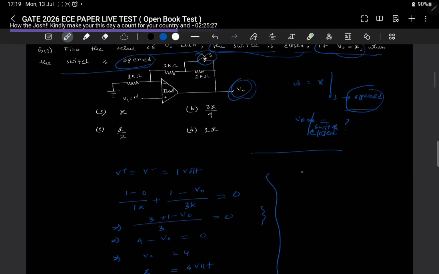when the switch is closed, that time this is just bypassed and shorted.